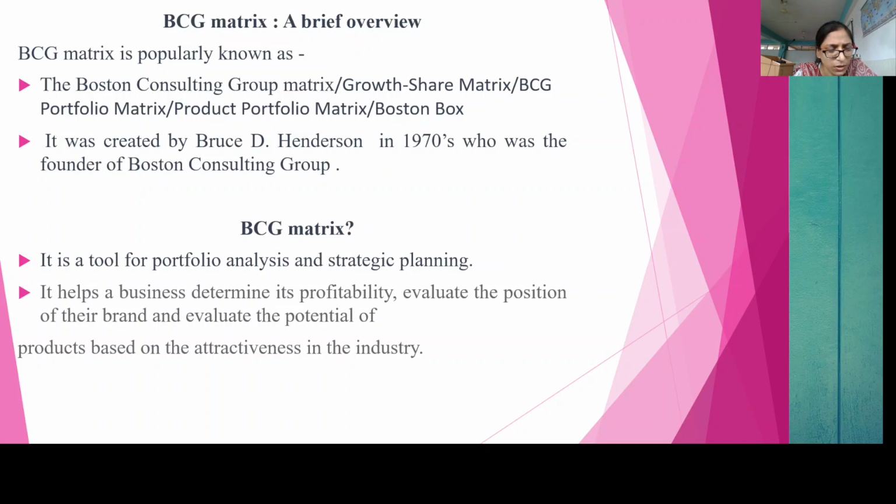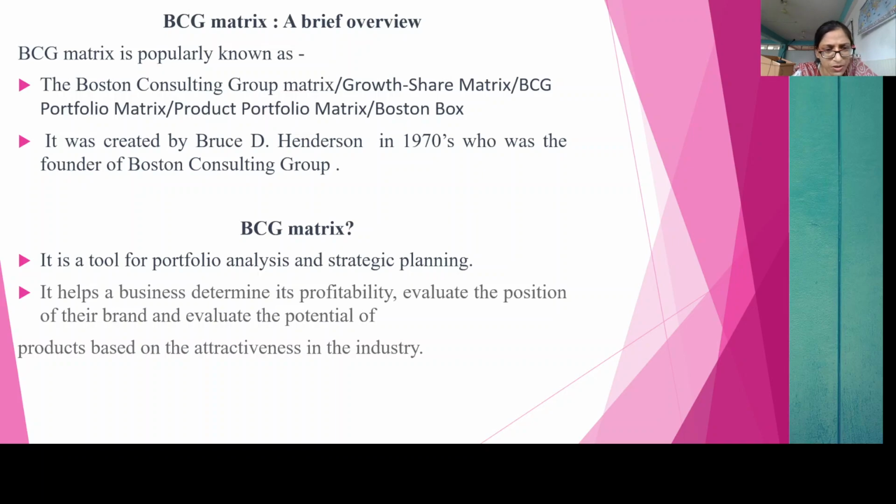The BCG matrix is a tool for portfolio analysis. As we have discussed, as a company you need to sort out what kind of products you have, and you should have in-depth understanding of how your different products are performing, so that you can make strategic planning for the future.